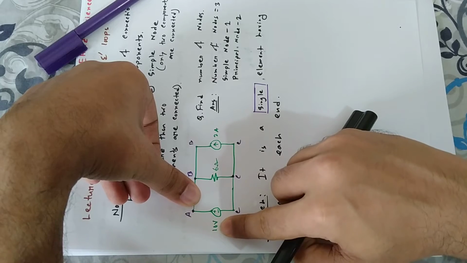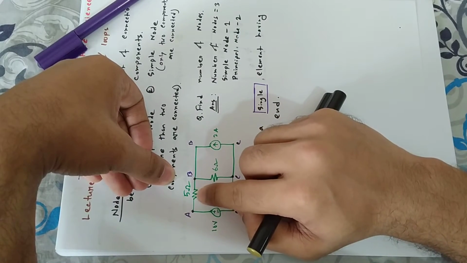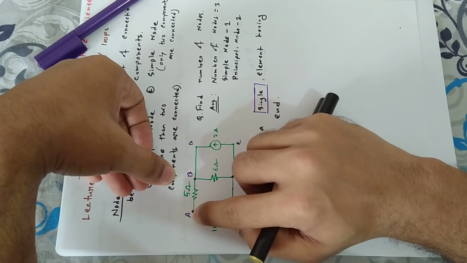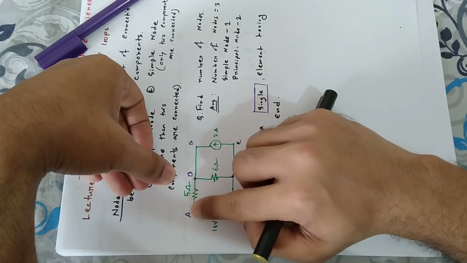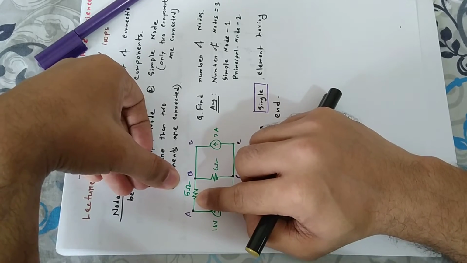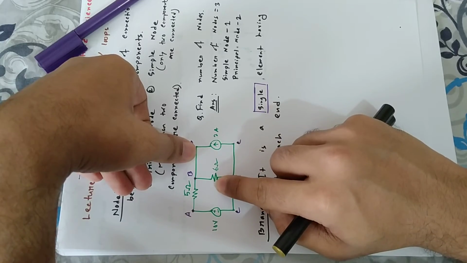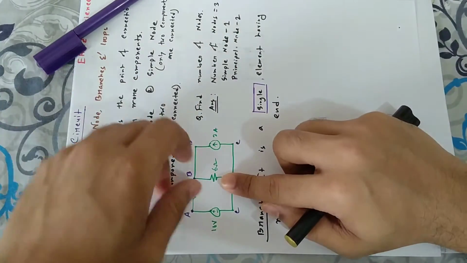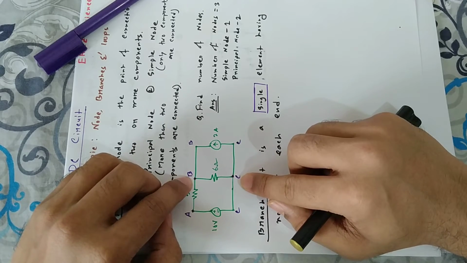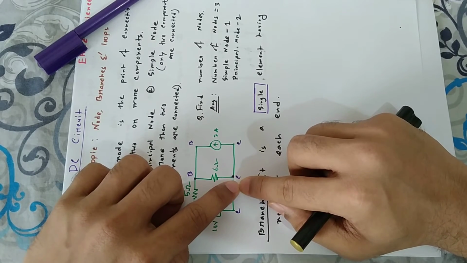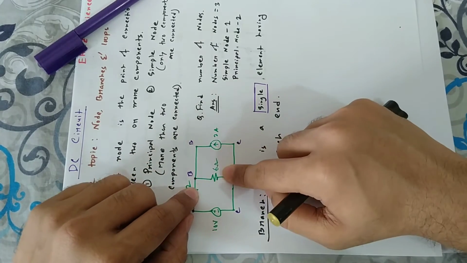So this 10 volt source is a branch. This 5 ohm resistor also has two points, point A and point B, at the two ends. So this 5 ohm resistor is also a branch. Now if we see the 6 ohm resistor, it also has two nodes, number 1 is B and number 2 is C.